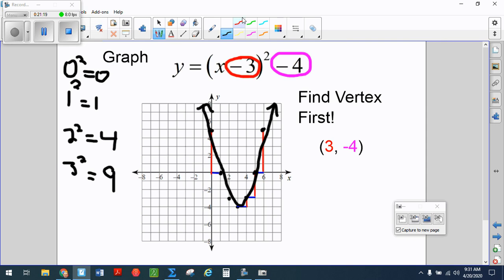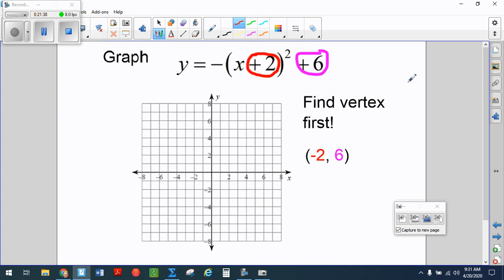So that 1, 3, 5 pattern is actually coming from here. To go from 0 to 1 is 1. 1 to 4 is 3. 4 to 9 is 5. So we use a 1, 3, 5 pattern.